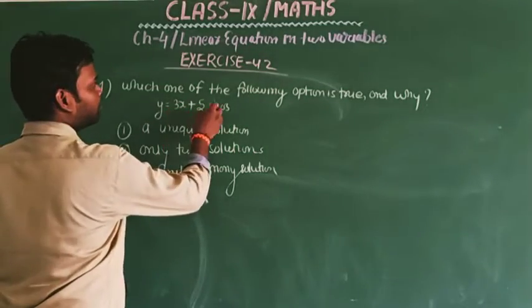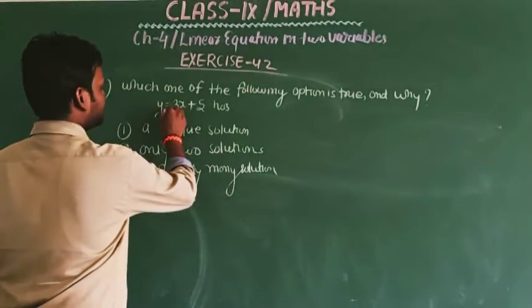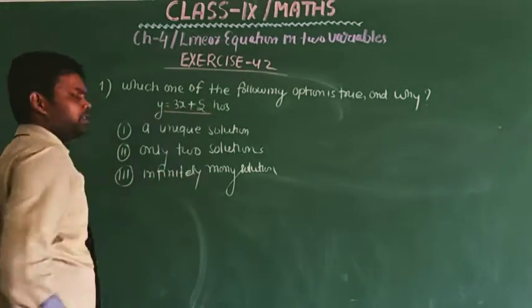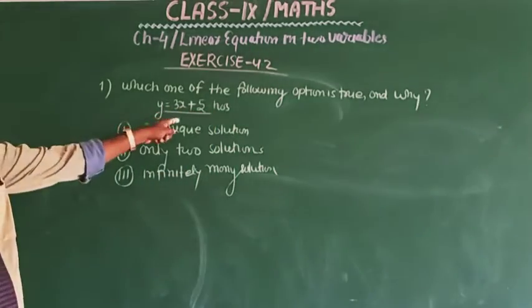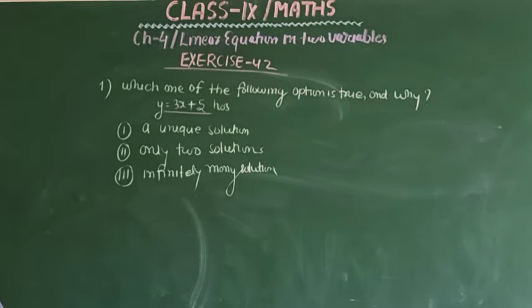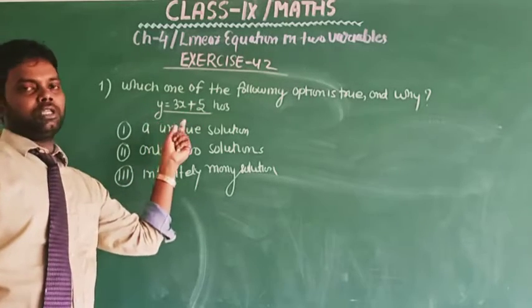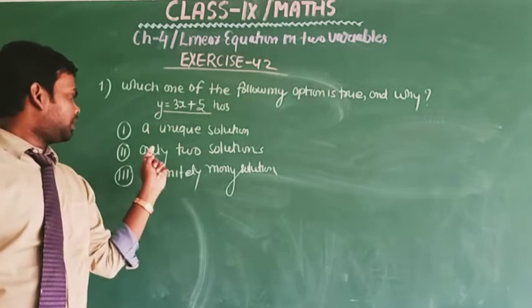In this question we have to choose the correct option which is true, and why. The equation given is y equal to 3x plus 5. By observing the equation we have to choose the correct option.